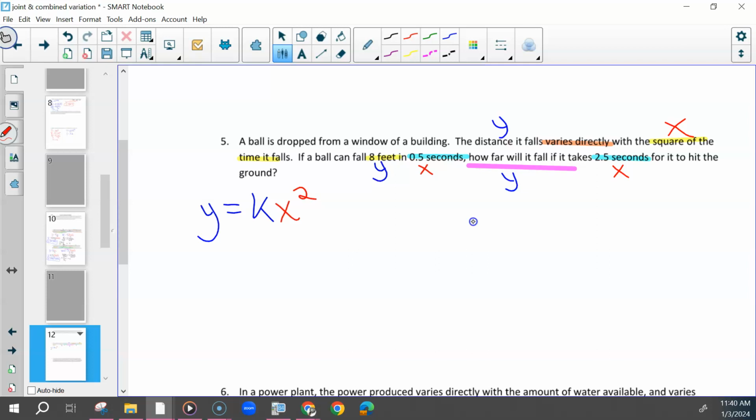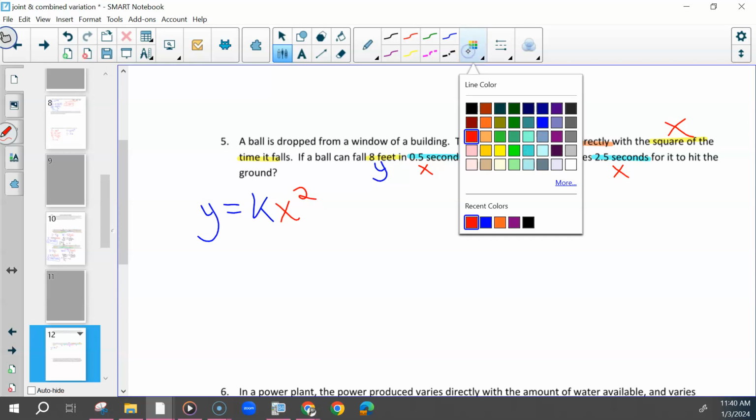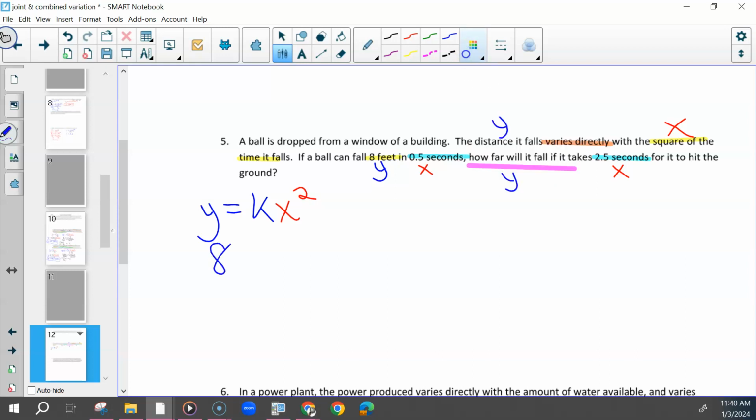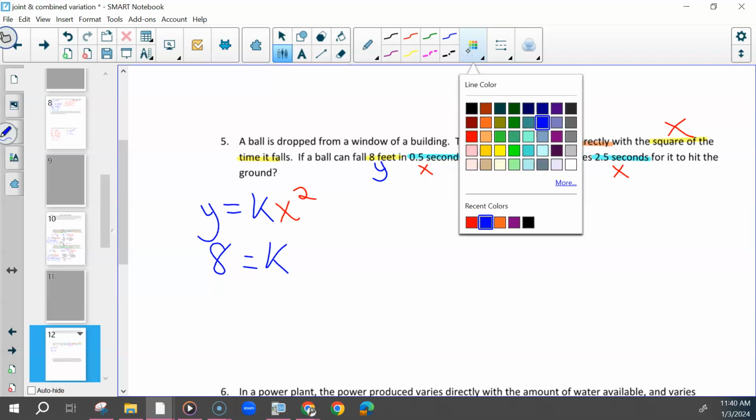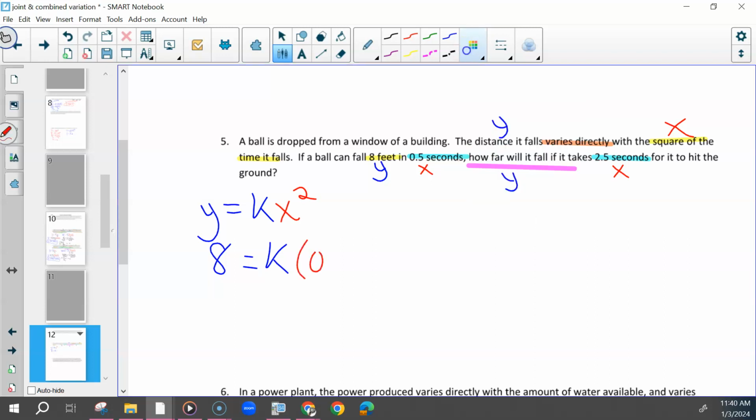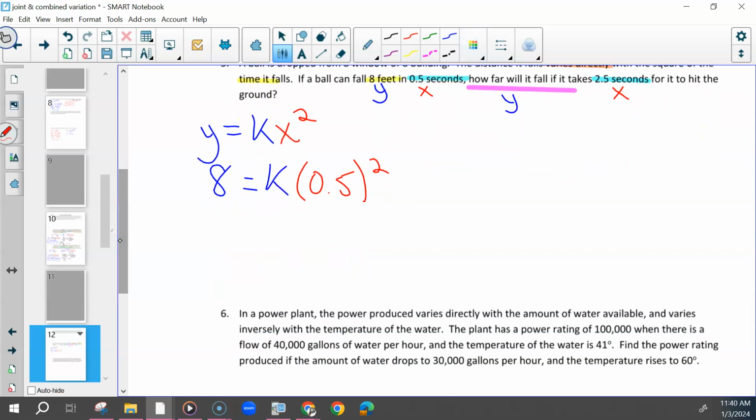Right. So same as before, take the 2 numbers you have for x and for y, put those in, find k. So we have 8 equals, we don't know k, but we know our x is 0.5, and we're going to square it. 0.5 squared is what? 0.25.